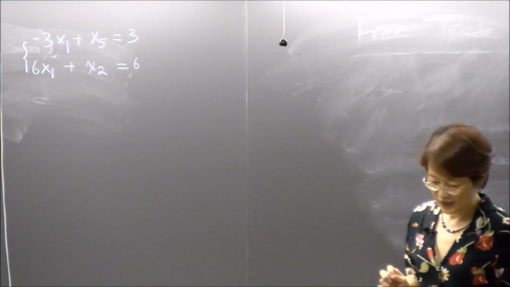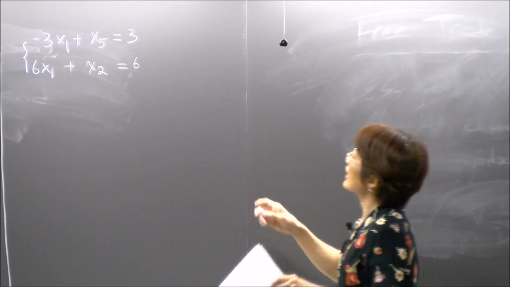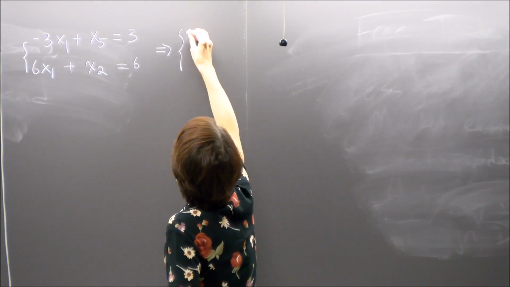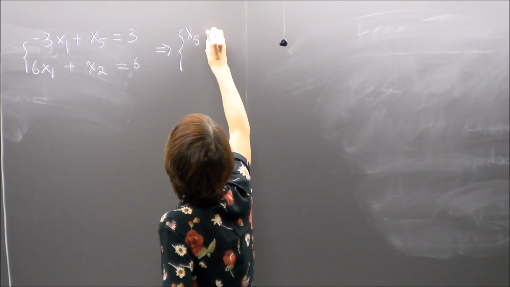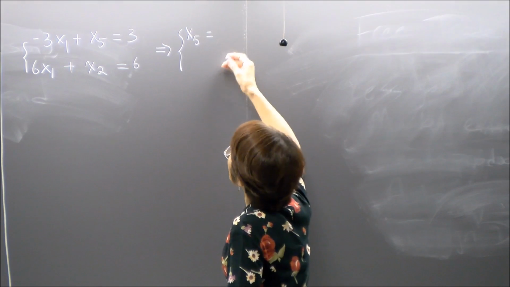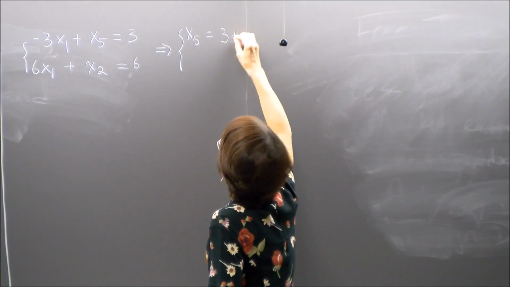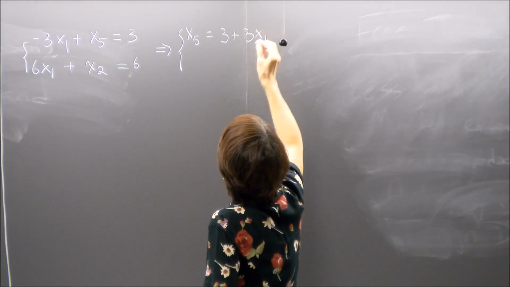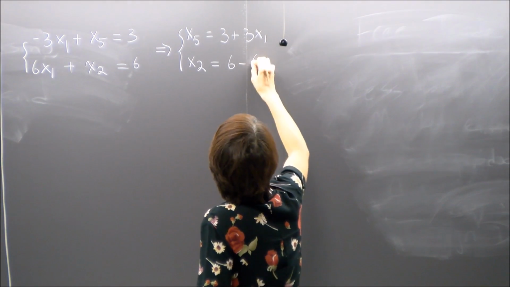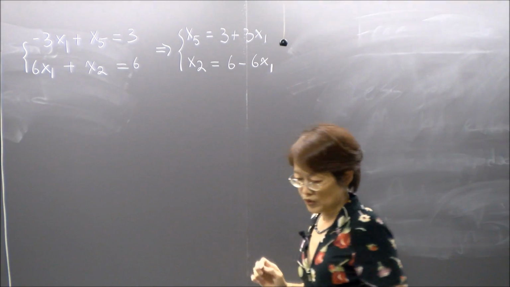Is that right? Okay, and then I will express the old basic variable in terms of my candidate x1. So this will be 3 plus 3x1, and then x2 will be 6 minus 6x1.